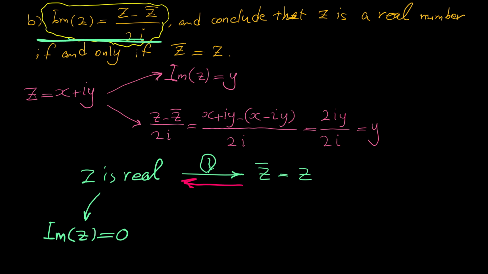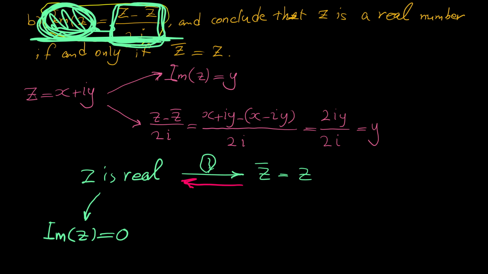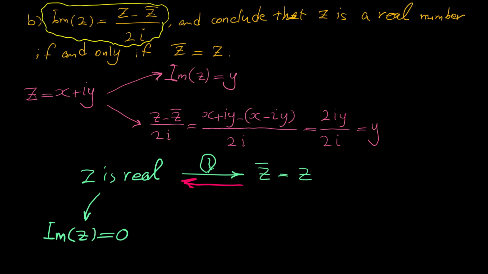Now look at this identity here. The imaginary part of z is 0. So this is 0, and this expression is also 0 because this is equal to that. Based on the identity that we have proved, we can use that identity. Immediately we conclude z minus z conjugate divided by 2i is also equal to 0.